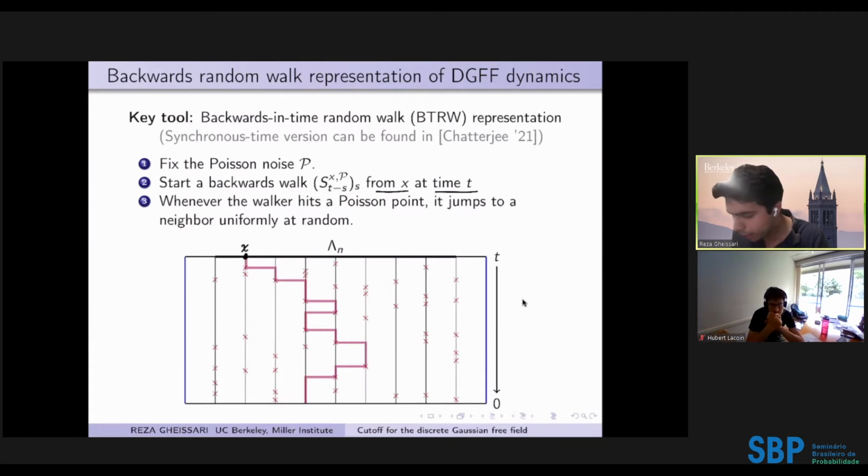It goes back in time until it hits an x, so one of these clock rings. And when it hits an x, it just jumps uniformly to one of its neighbors. Okay, so it's a random walk in this Poisson noise field in the sense that as soon as it hits a clock ring, it's going to jump to a neighbor.